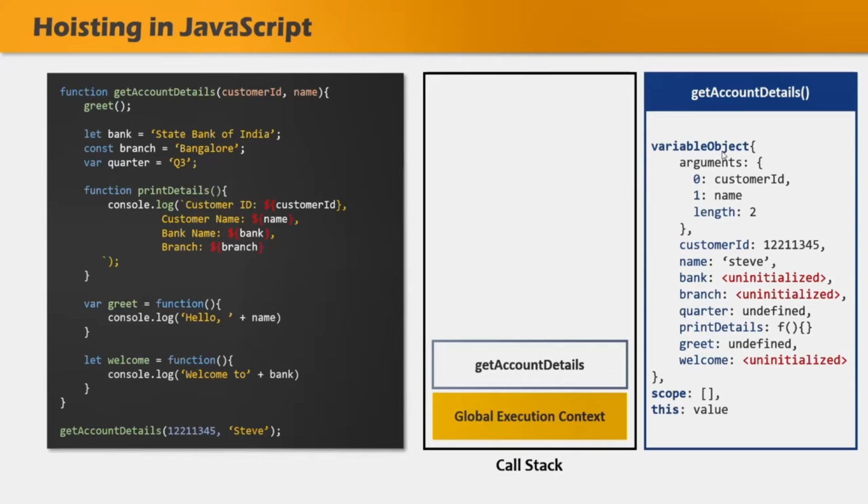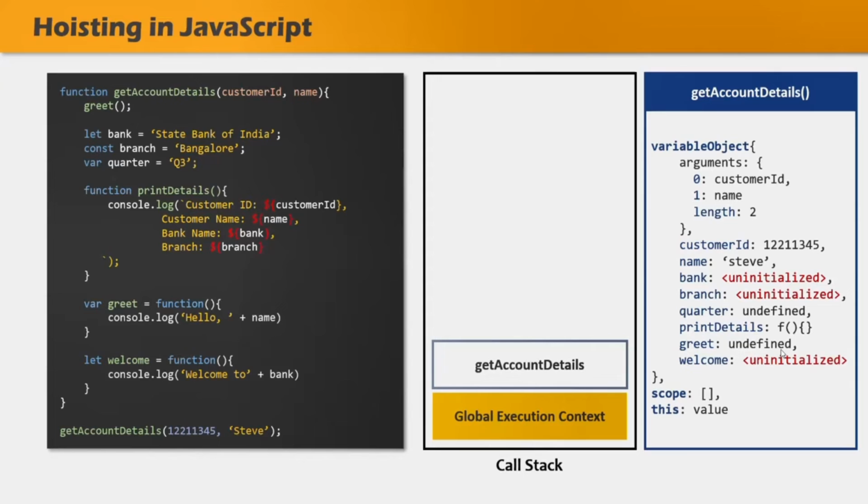It will go to the variable object and check the value of greet, and it is undefined. So we are trying to call undefined as a function. Right after undefined, we are using a set of parentheses to use it as a function. Because of this, we get the error that greet is not a function. And that's correct, because greet is storing the value undefined. It is not storing any function, and we are trying to use undefined as a function.